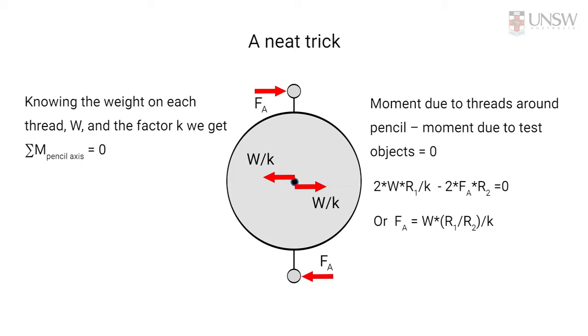In our case, that is 2 times W times R1 divided by K minus 2 times Fa times R2 equals 0, or Fa equals W R1 over R2 divided by K.